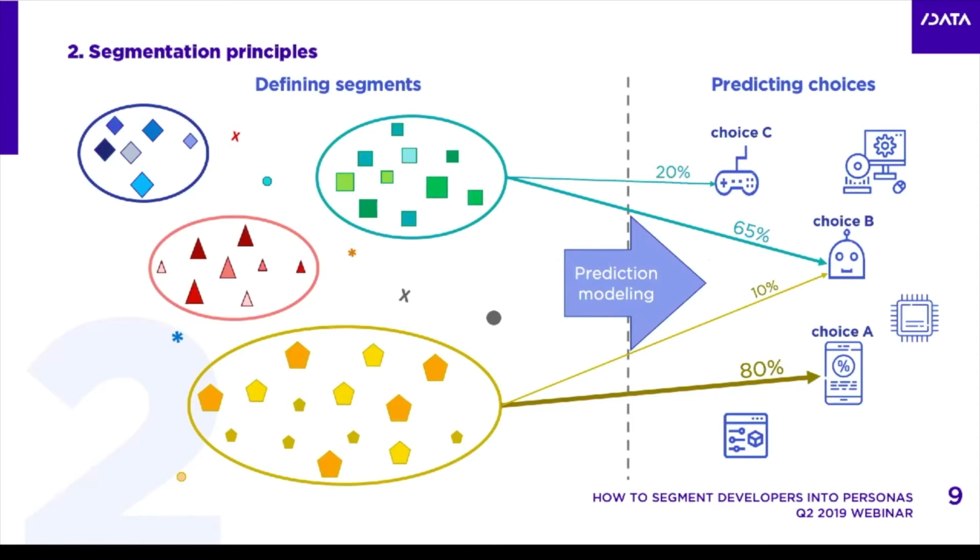So here you see we have 4 segments on the left, blue diamonds, green rectangles, and the other 2. They are similar within. So you have to be a diamond and you have to be blue to be on the top left. You can be a different shade of blue and you can be of slightly different size. That doesn't matter as long as you're a diamond and you're blue. So they're distinct. They don't overlap in any way.